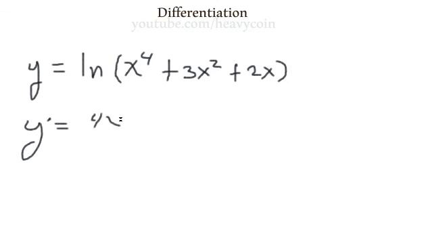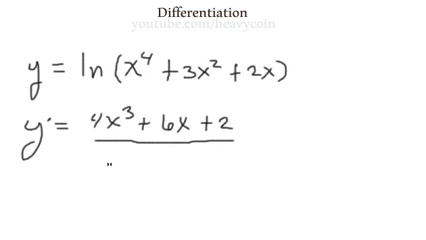So this is 4x cubed plus 6x plus 2. Right? And it's all over what's in parentheses. So that's going to be x to the 4th plus 3x squared plus 2x. Okay, we just rewrite it.